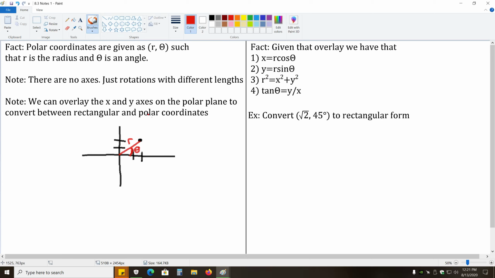The point ends up being r comma theta. So we can use this to connect the polar plane and the rectangular plane.